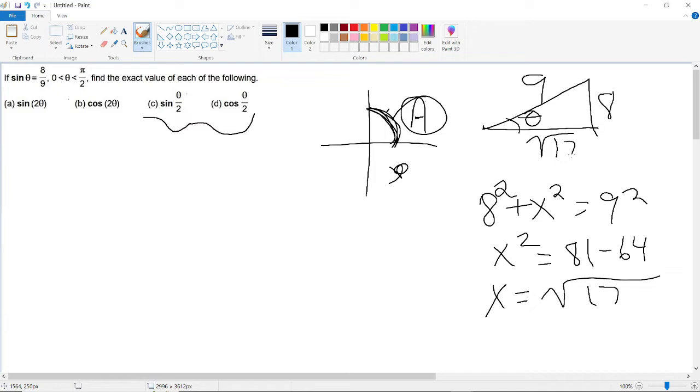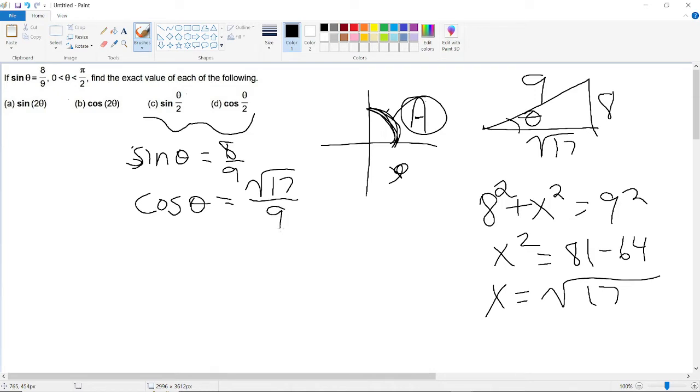Because of the sine and cosine double angle and half angle formulas, we are going to need the sine and cosine of this angle. So sine of theta is already given, 8/9. And cosine theta equals square root of 17 over 9, adjacent over hypotenuse.